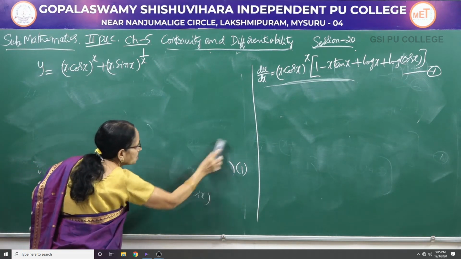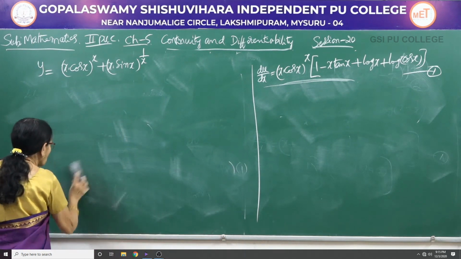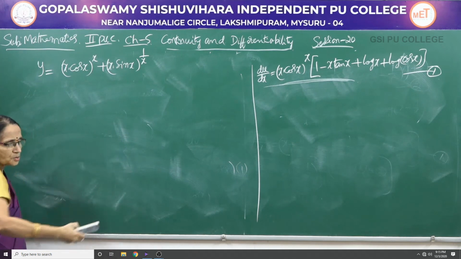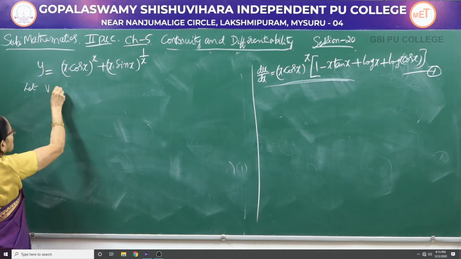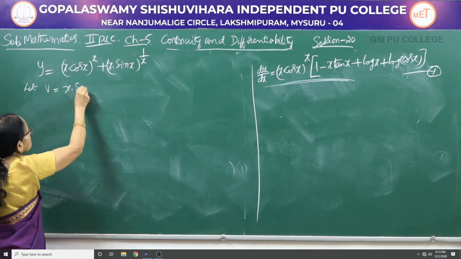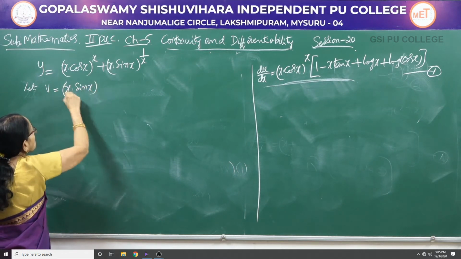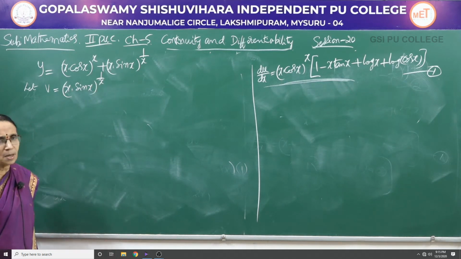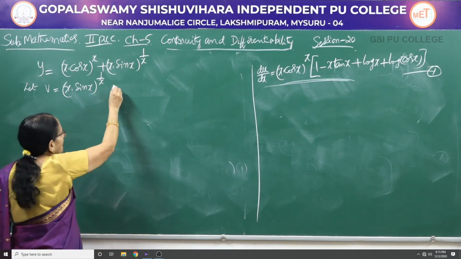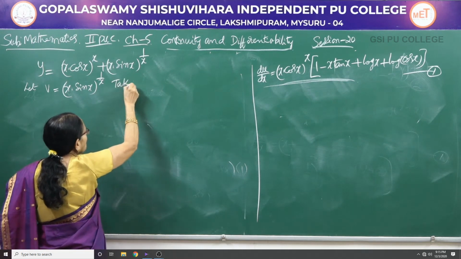It also contains a product, x into sin x. Let v be equal to (x sin x) whole to the power 1 by x. So what we have to do? As usual, take logarithm.